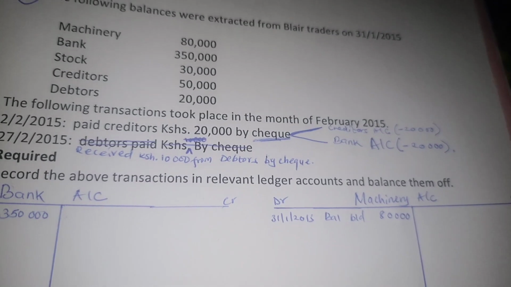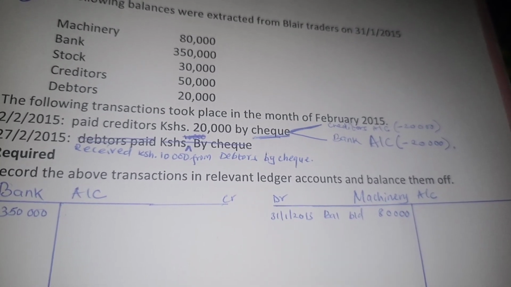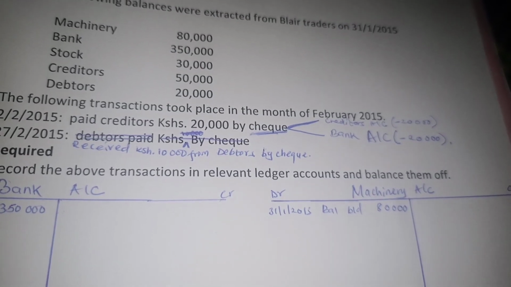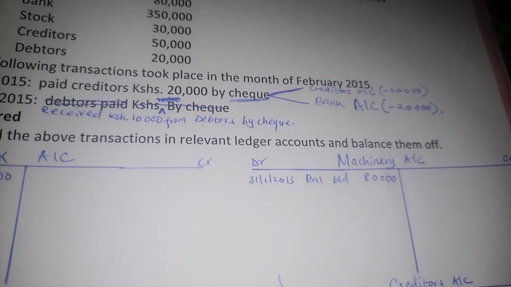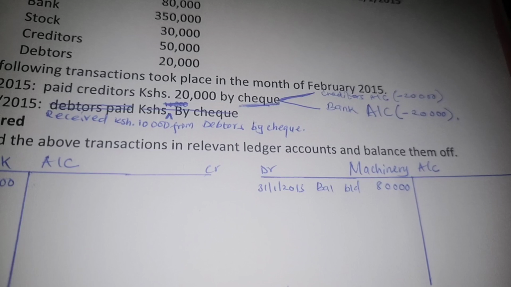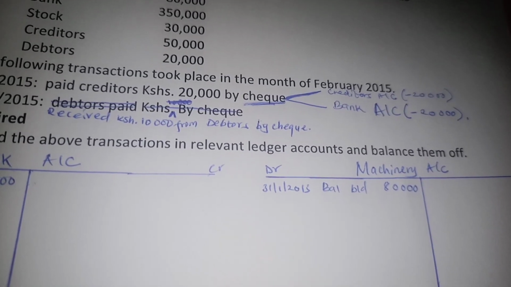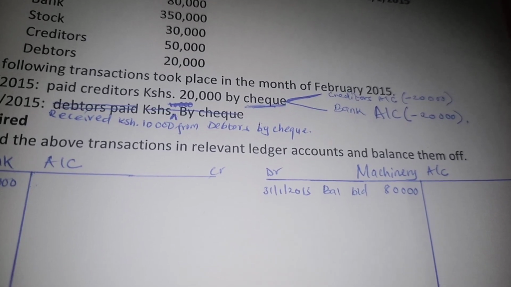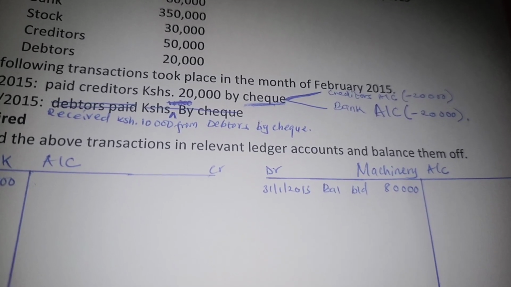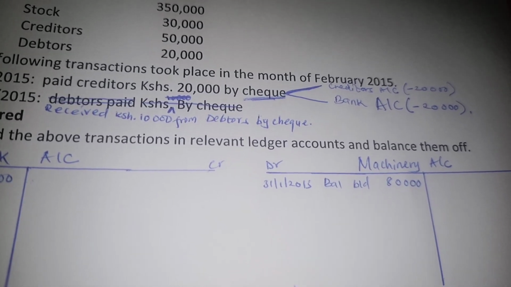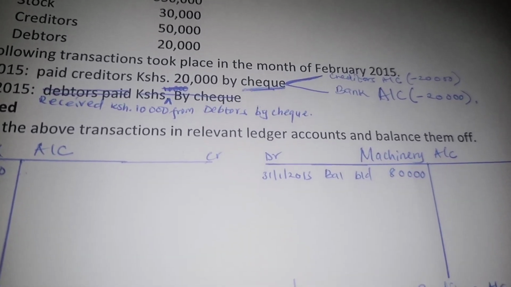Creditors were paid using what? Bank, 20,000. So you don't write paid here. You just indicate the other affected account. And also you don't write check. You write the name of the account. Check affects which account? The bank account.